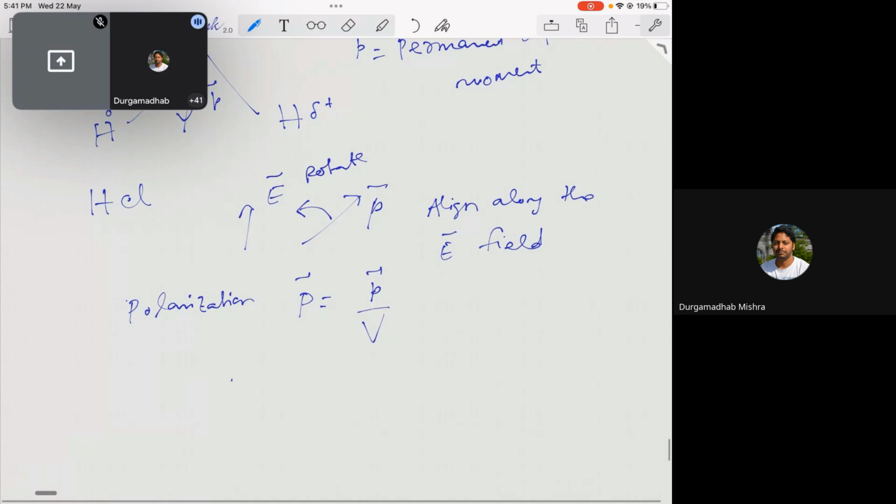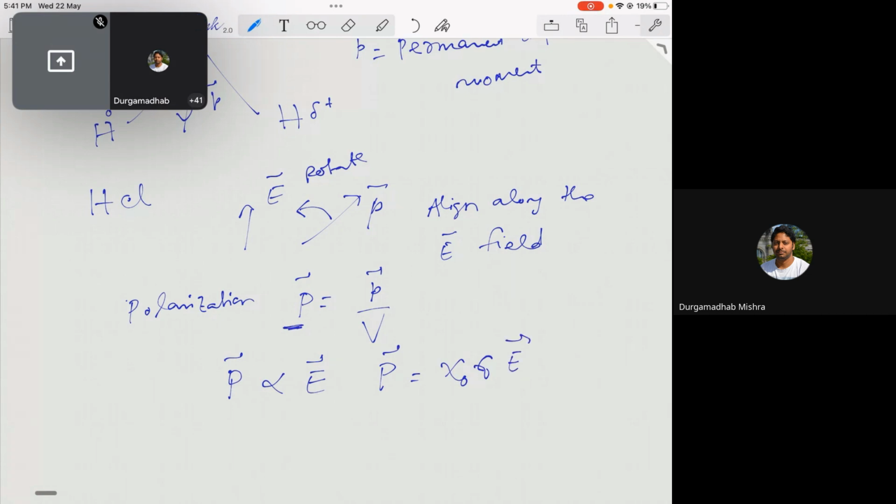Since your dipole moment is proportional to the electric field, the polarization, which I'm writing as a capital P, not a small p, is also proportional to the electric field. And this proportionality constant has this kind of form: chi epsilon naught E, simply chi.